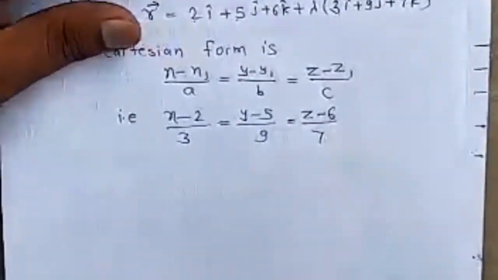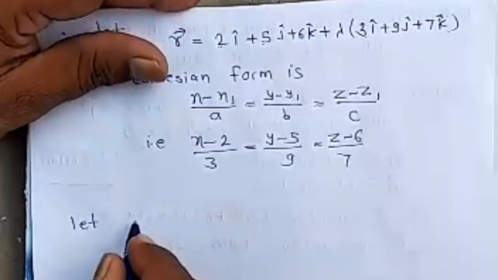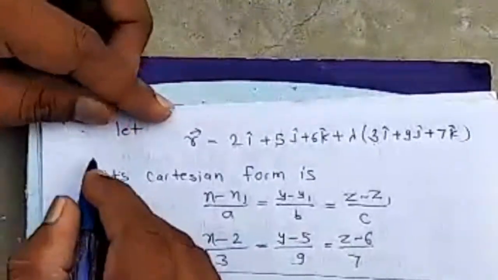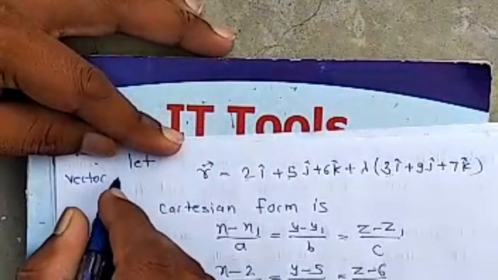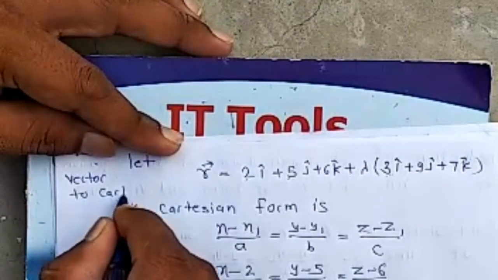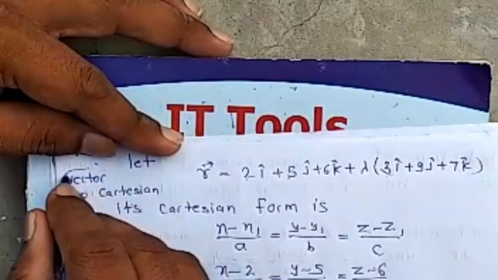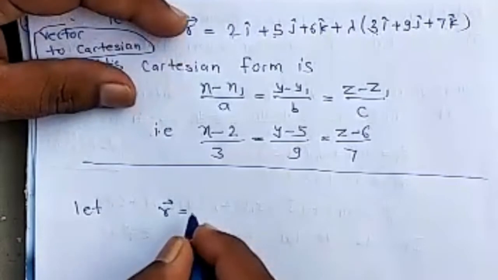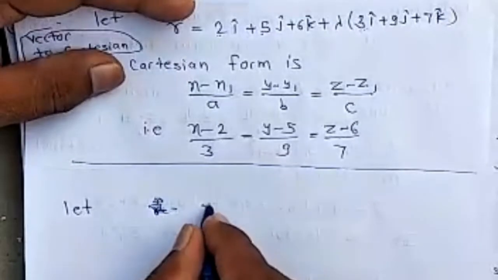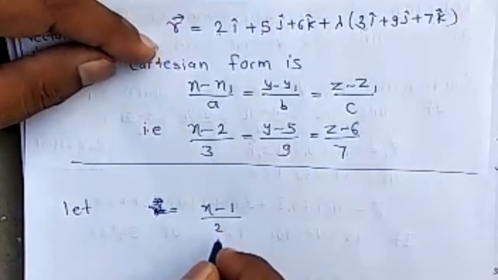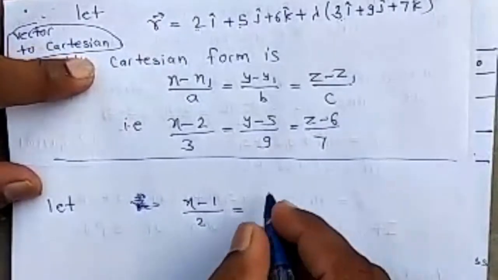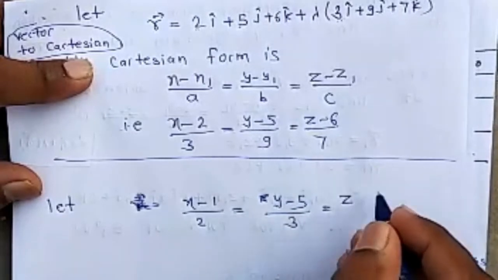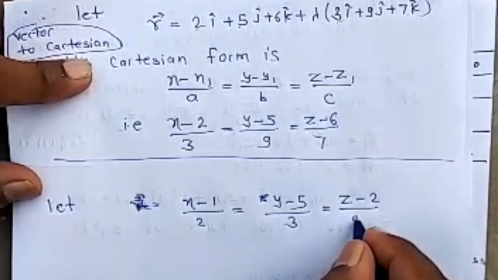Now let a Cartesian equation be given, and we convert it to vector form. Let the Cartesian equation be x minus 1 upon 2 equal y minus 5 upon 3 equal z plus 2 upon 9.